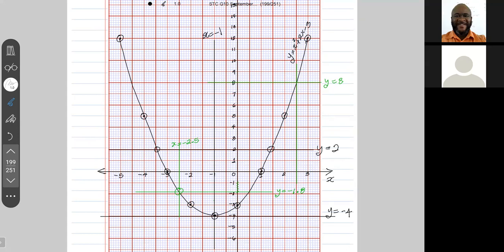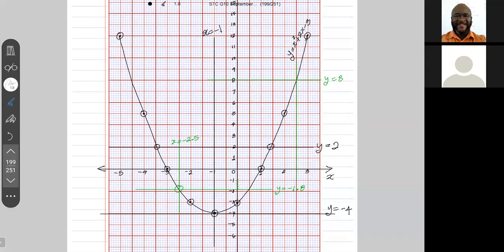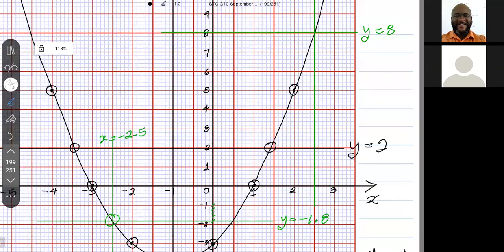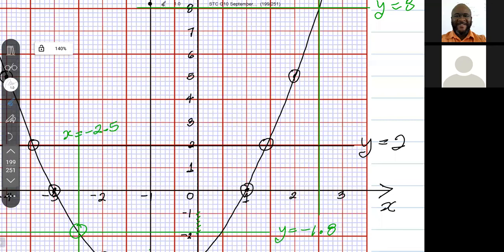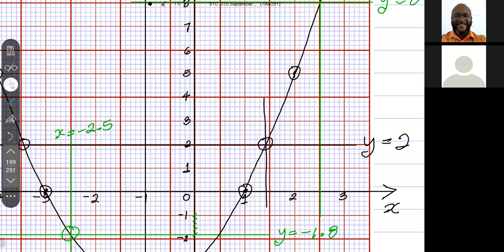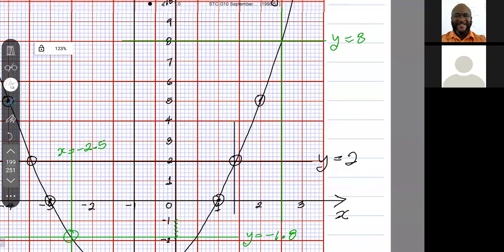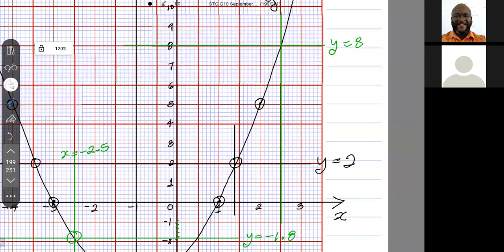Let's get the values of x where y is equal to 2. This is a value of x here, and over to the right, this is a value of x here.